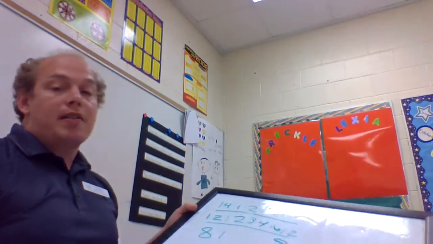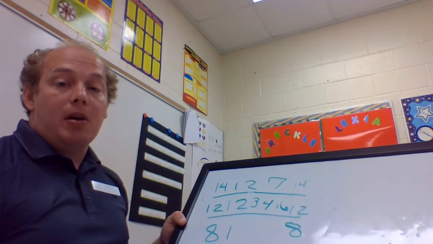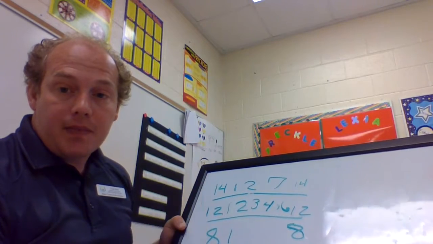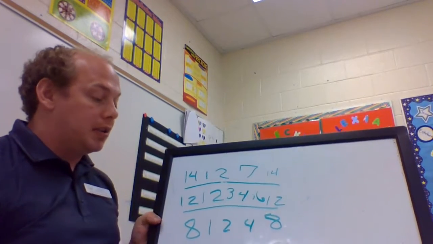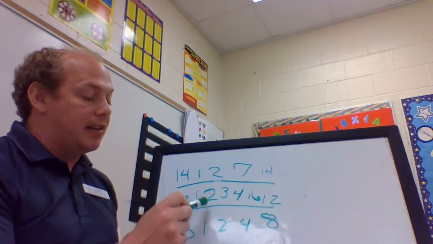All right. Now we move to 8. So what are the factors of 8? Well, 8 is even, and all even numbers can be divided by 2. So 8 divided by 2 is what? 4, right. Now, we've got all the factors of every number. So what does every number have in common that you see here?